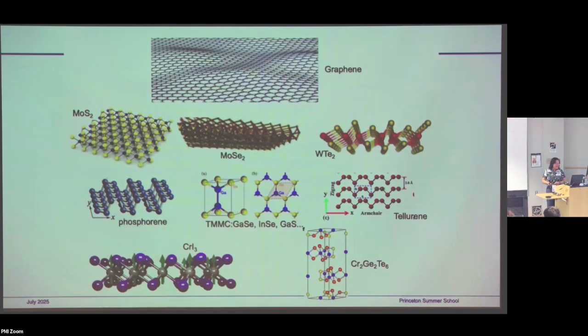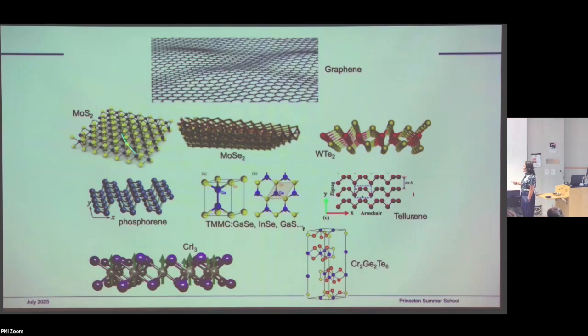Now 2D materials, starting, as we know, with graphene, have expanded to include, I would say, at least tens of families, but there are literally thousands of layered materials which we can try to isolate into monolayer or few-layer form.